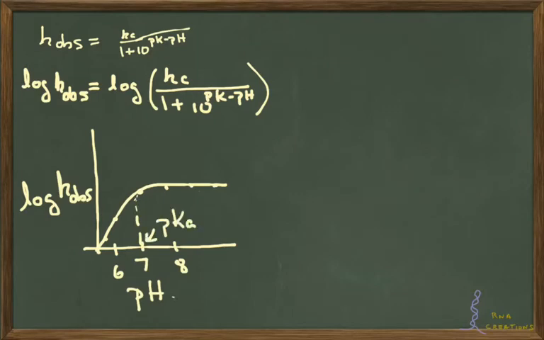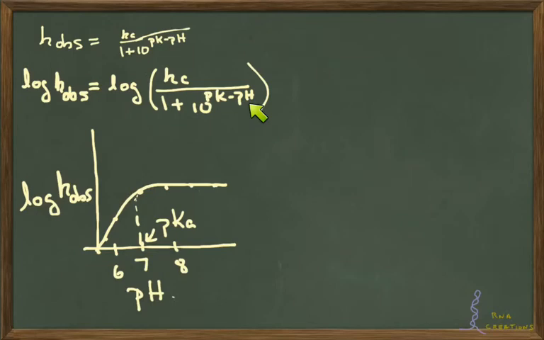When the pH is much greater than the pKa, we can go up here and look at the equation. So if the pKa is 7, and let's say the pH is 9, then we get 10 to the minus 2, which is 1 plus 0.01, which is 1. That means it's leveled off.